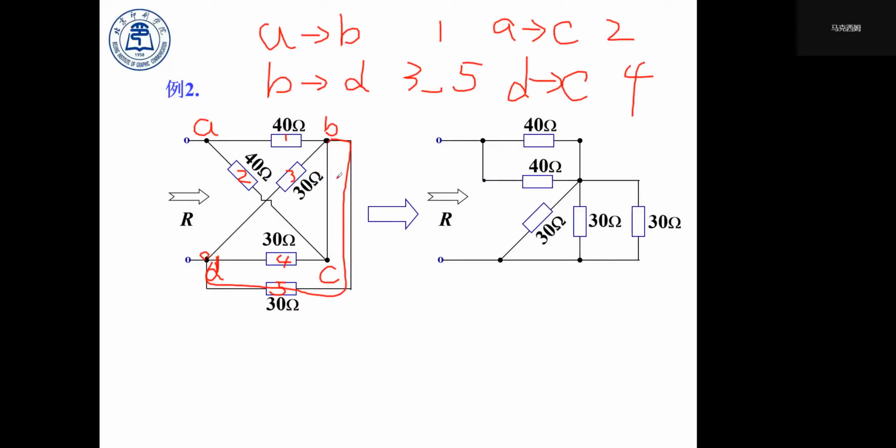And we know that point B and point C are connected by a wire. There's nothing in between, right?